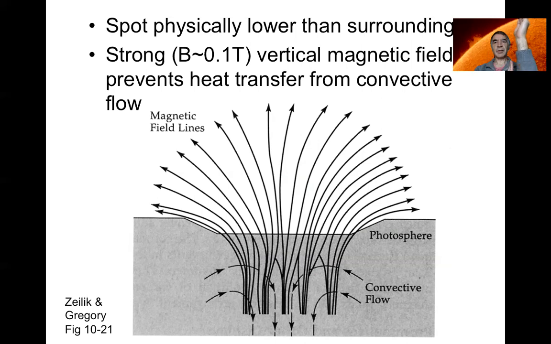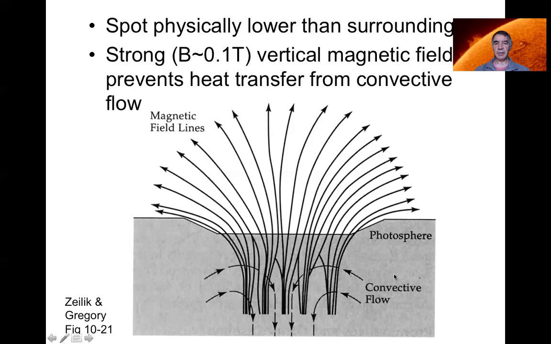Whereas if a charged particle is going along a field line, it doesn't feel any force at all. Okay? So it's only when ionized plasma tries to cross a field line that the magnetic field will push back against the plasma and try and slow it down or stop it.